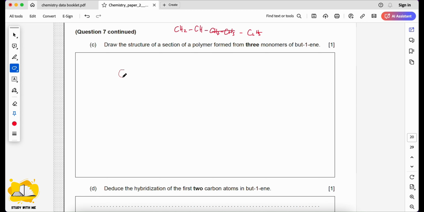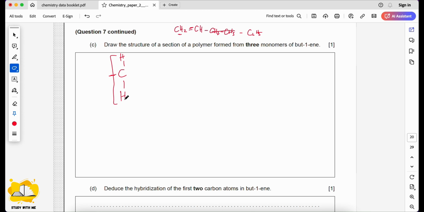So CH2, here is the double bond, and CH, C2H5.